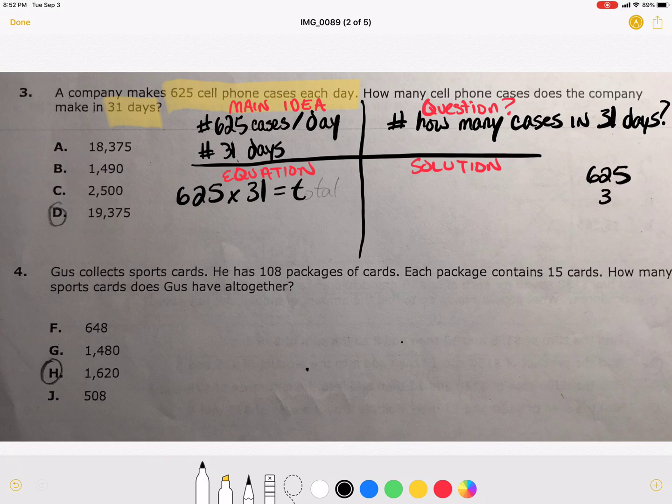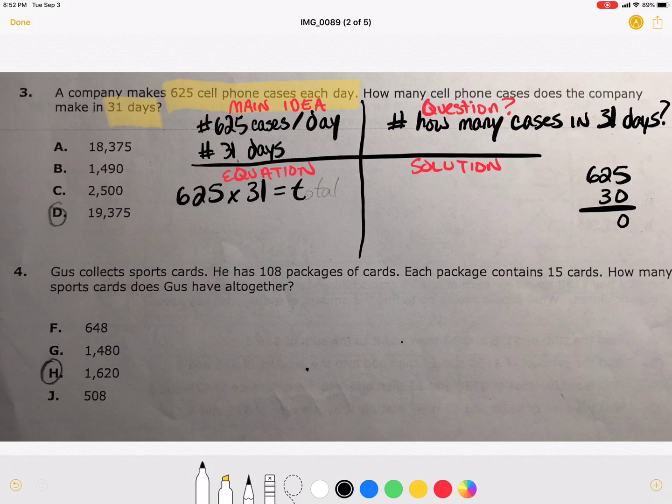And multiplying it by 30 makes it really easy. In fact, it's so easy we don't even have to worry about doing any extra steps here, because we can put that 0 down, because we know that the first section is going to be all times 0, right? So that's our placeholder. Our ones place is a 0.